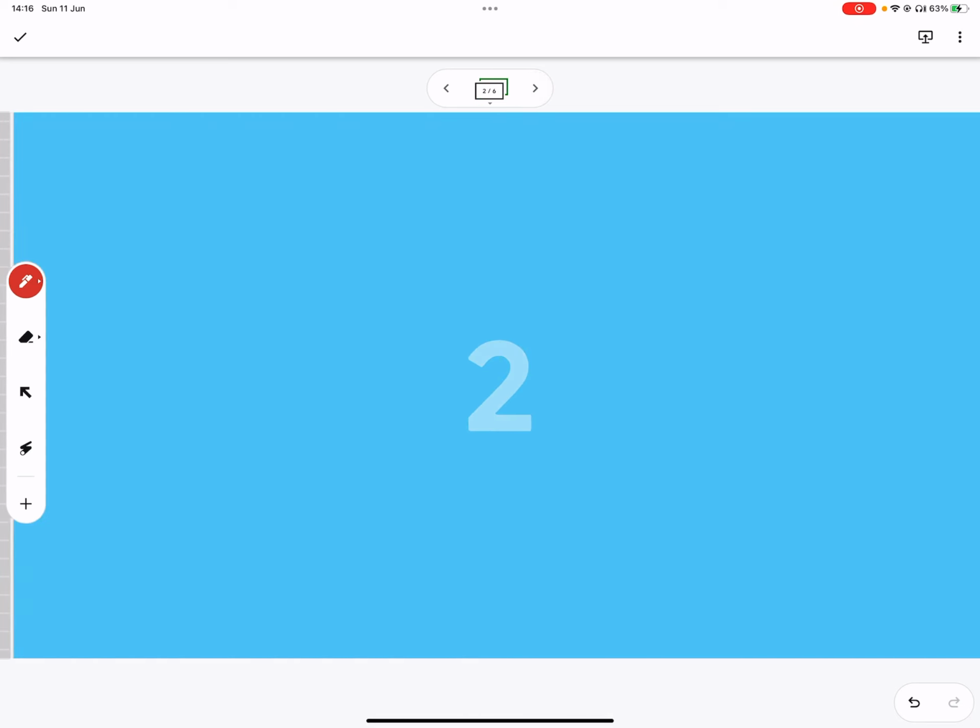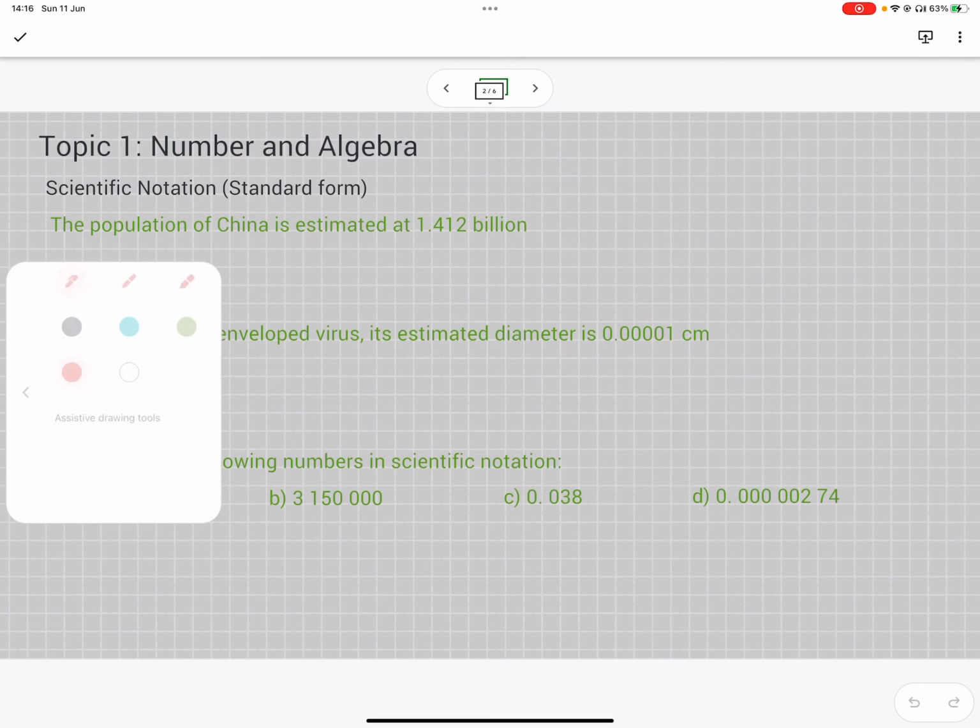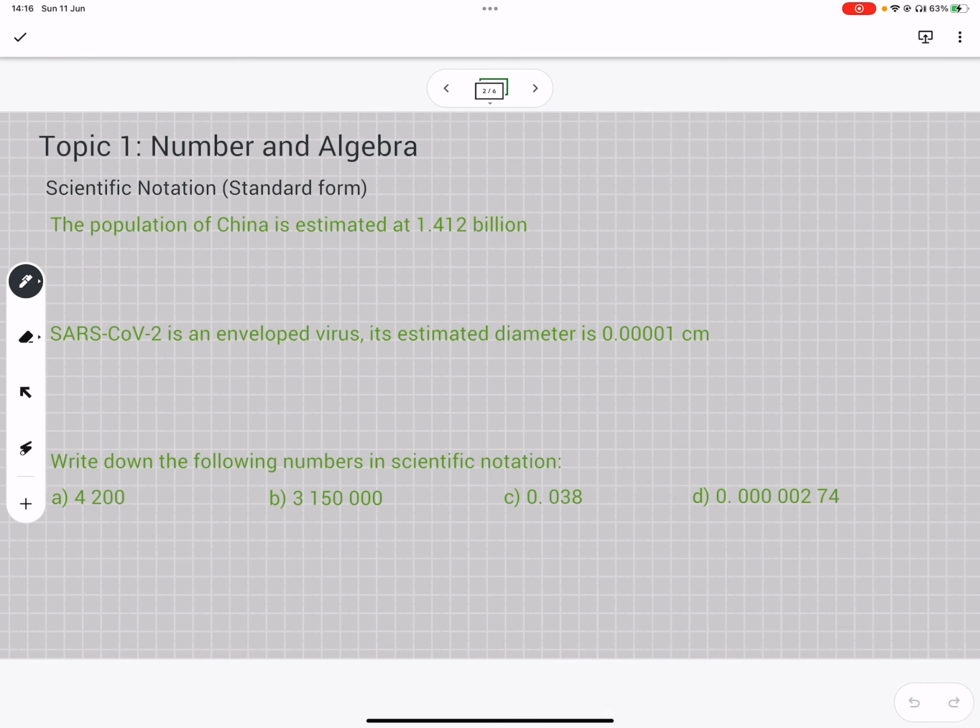Let's practice with some exercises. The population of China is estimated at 1.412 billion. So what is a billion? A billion is 1 followed by 9 zeros, which can be written as 10 to the power of 9.